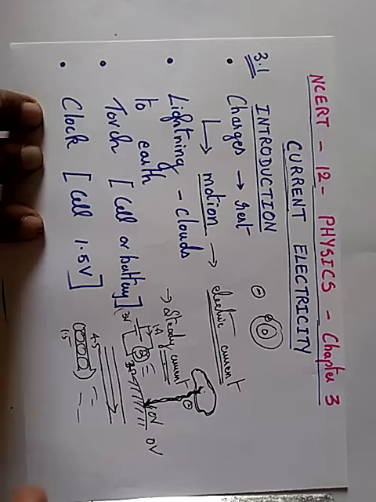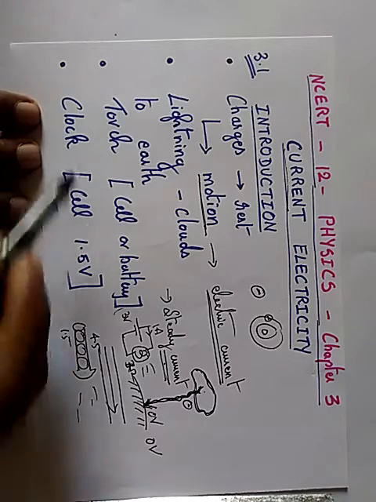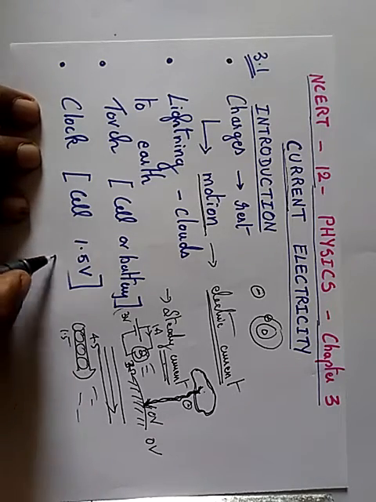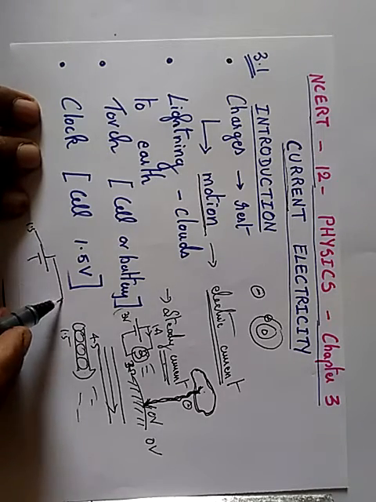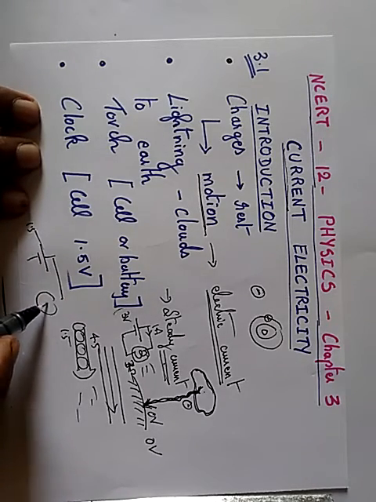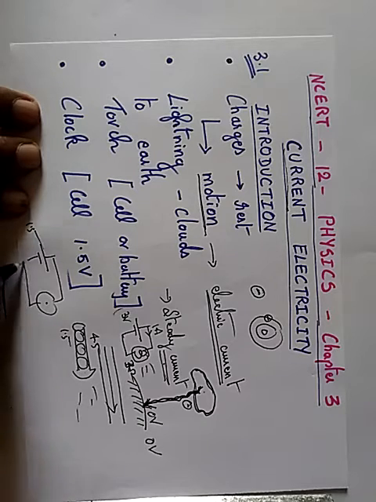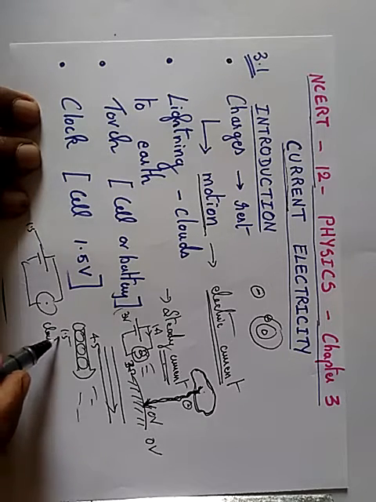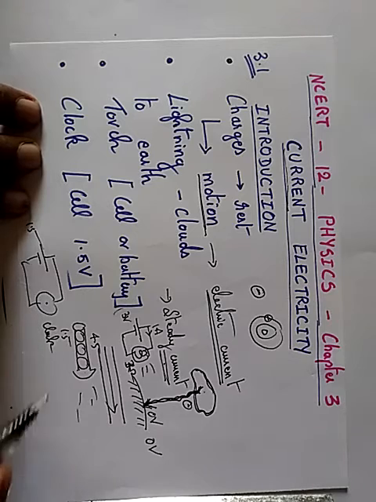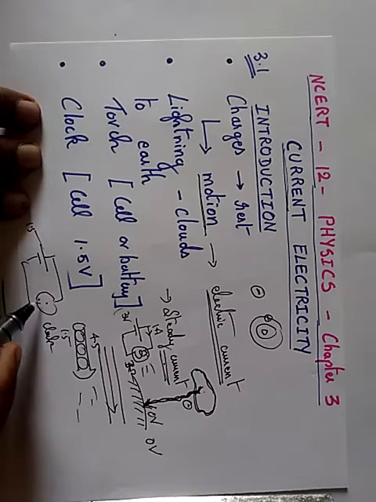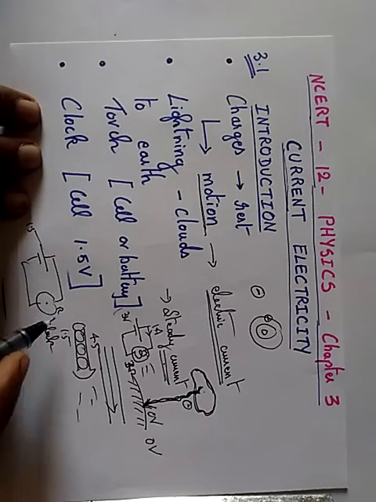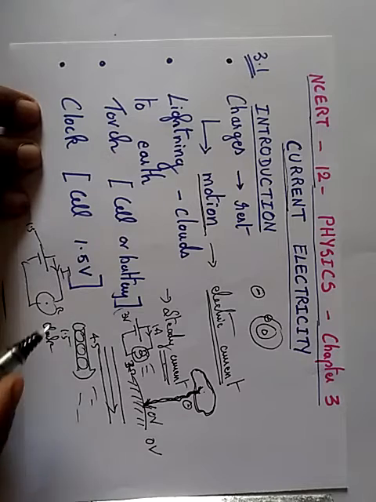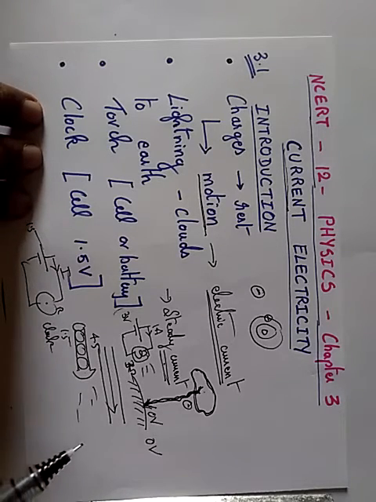Similarly, for a clock, you will be using a 1.5 volt cell. Inside the clock you will have some electrical and electronic mechanism. Because of that resistance, assume some value R, there will be a steady current because this R is not going to change.